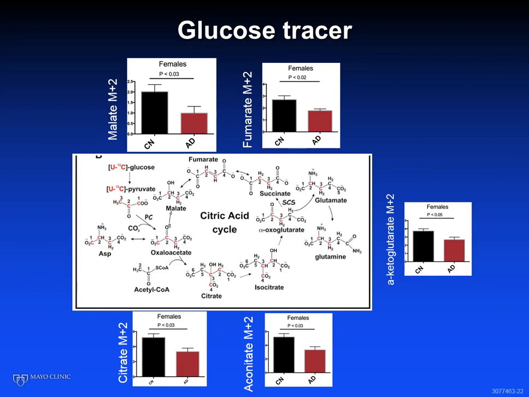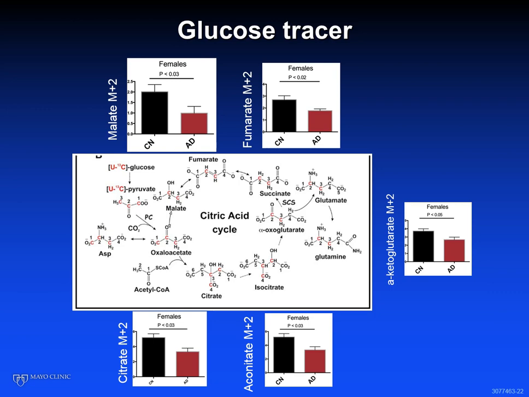And what we found, really wrapping it up, was that there were no changes in the enrichment when we applied the glutamine, but when we applied glucose tracer, we saw, and you can see the statistics around the TCA cycle, that females with Alzheimer's disease were specifically affected compared to males.